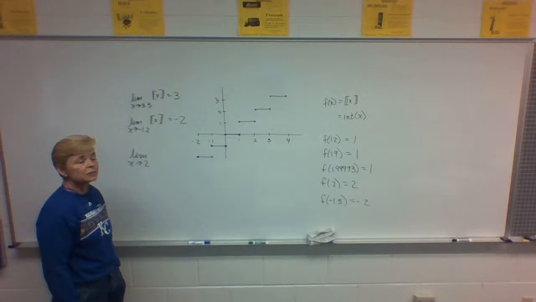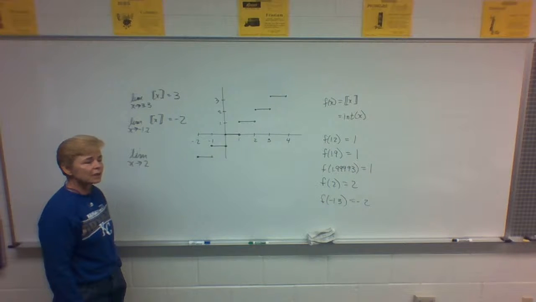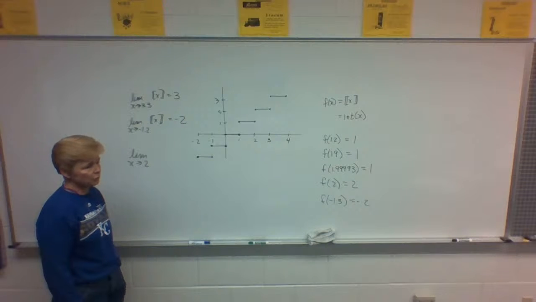Now what is the limit as x approaches 2? And the answer is, it does not exist. Because the limit from the left side of 2 and the limit from the right side of 2 are not the same number.